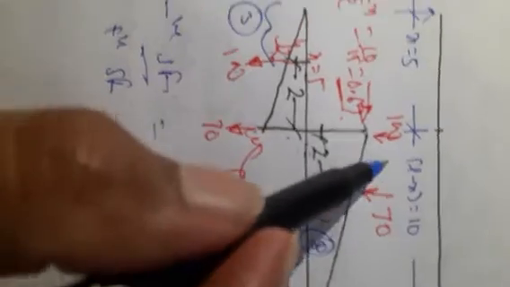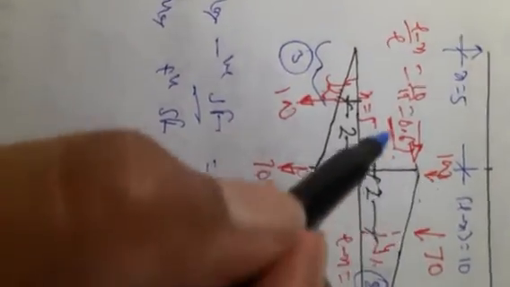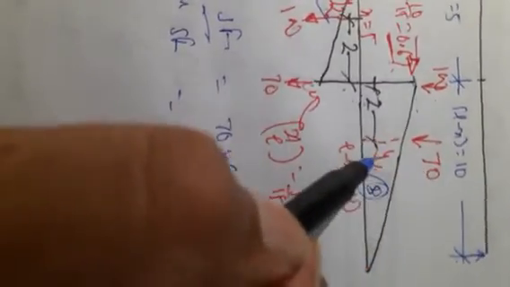Maximum positive shear force is 100 into this ordinate, 100 into 0.67 plus 70 into y1. So y1 is 0.536, which gives 100 into 0.67 plus 70 into 0.536. So you have the answer 104.52 kilonewtons.